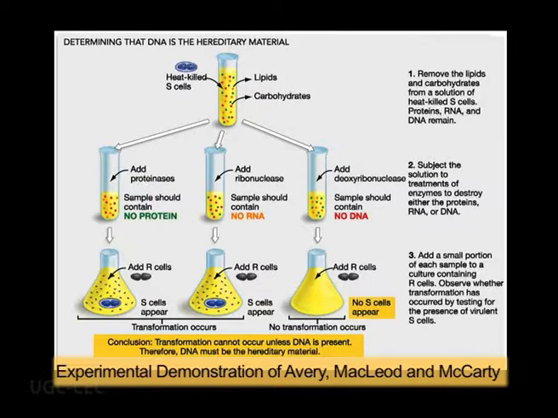Now what happened was, when this R was added in both the cases, you ultimately get S in the first two. But in the third one, where there was no DNA because it was degraded using DNase, they didn't get any virulent S cells. So here this transformation of R to S was ultimately brought about by DNA present in that particular bacterial cell.